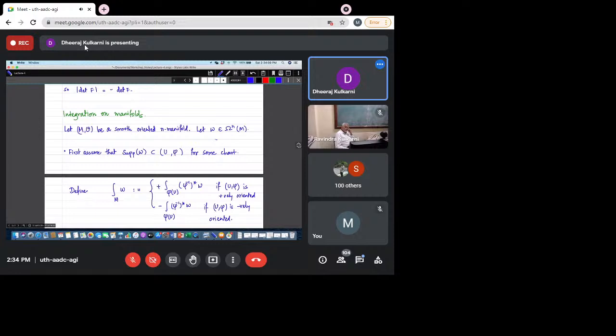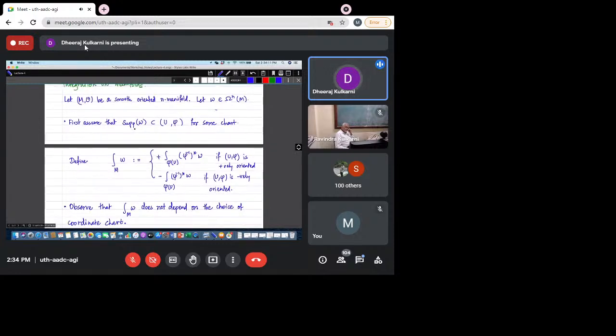Okay, so when the support of omega lies within this chart (U, phi), we will define the integration of omega on M to be equal to plus the integral of the pullback form of omega via the phi inverse map over the domain phi(U). This is the case when you are considering a positively oriented chart.